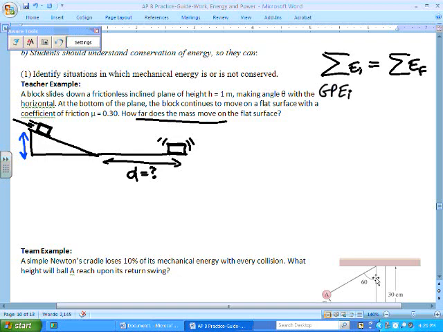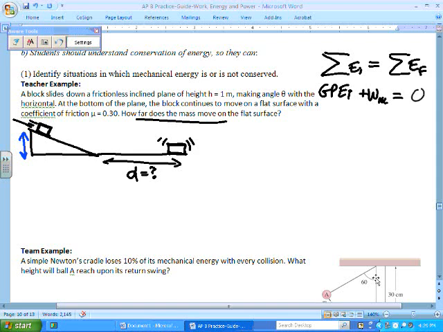Now we do have kinetic energy between the beginning and the end points, but at the very initial beginning, we don't have any kinetic energy yet, so it doesn't belong there. But we will be losing some energy to non-conservative work. And in the end, we have zero.